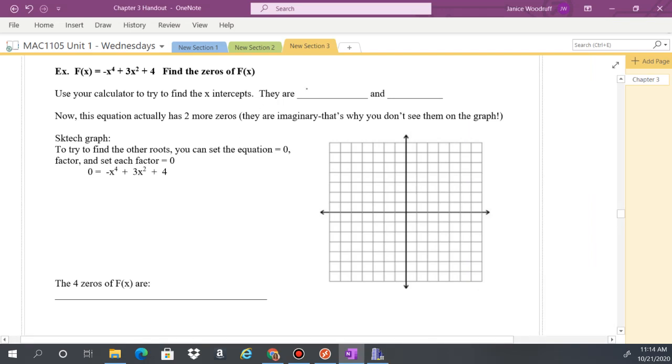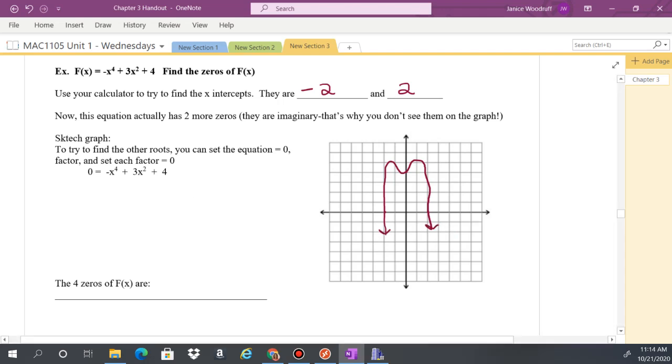So you have two x-intercepts, -2 and 2. And we can draw a rough sketch of what this graph looks like. We're going through the graph here. McDonald's, something like that.